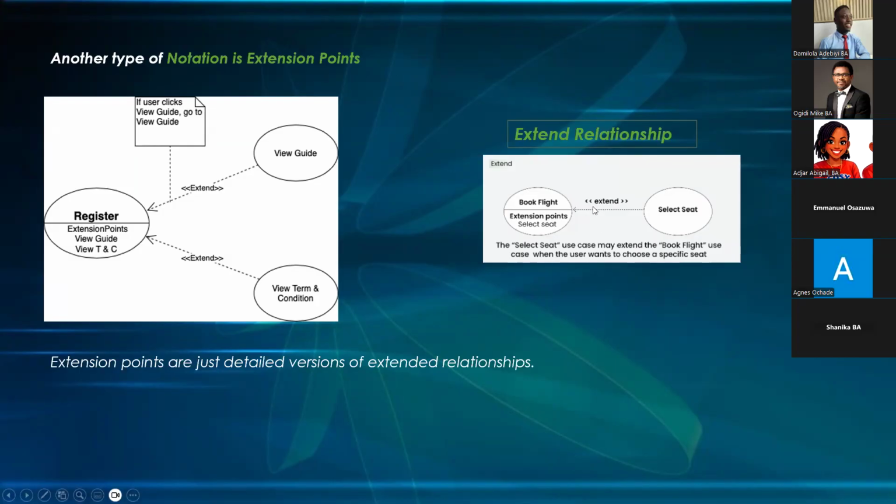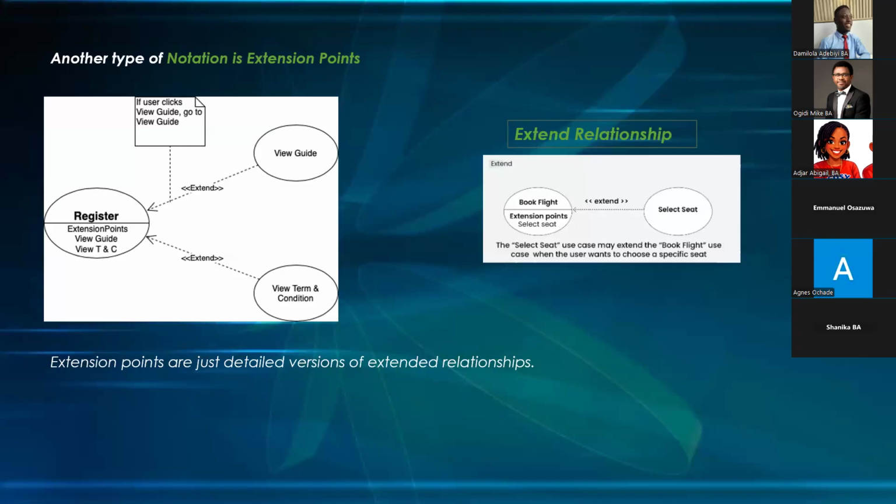Does it make sense, guys? Now, what we mean simply here is you are given an option. Remember, an extend relationship does not happen all the time. That means you have an option. So here, you have an option to select your seat or not to select your seat. So that becomes an extend relationship.